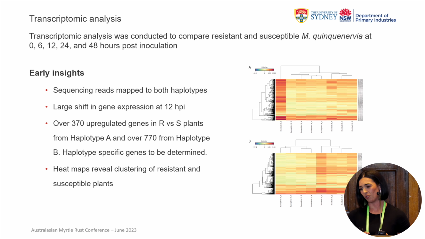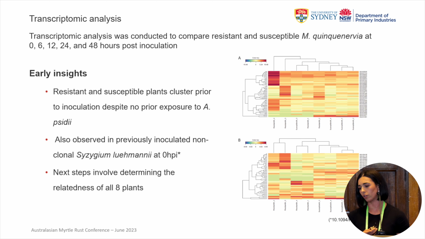What I found most interesting out of all of this, and there's still a little bit of work to do in this space, but as I mentioned, I'm working with plants that are naive to the pathogens. They've never been exposed to it before. And even at 0 hours post-infection, I saw clustering of the susceptible and the resistant plants.